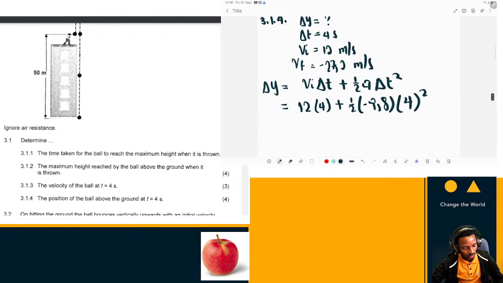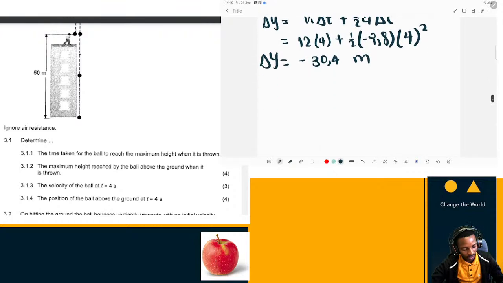Then our delta y will be equal to 12 times 4, plus half times minus 9.8 times 4 squared, which is minus 30.4 meters, which is negative, which then implies that the displacement is towards the ground.